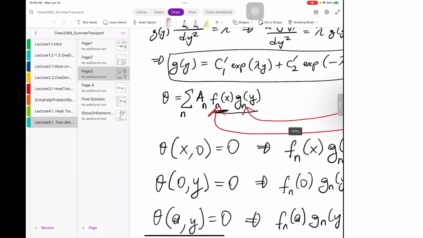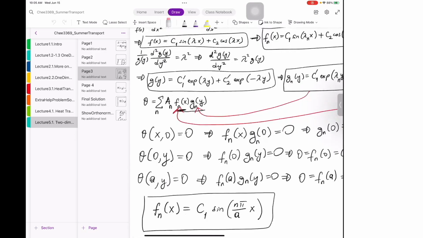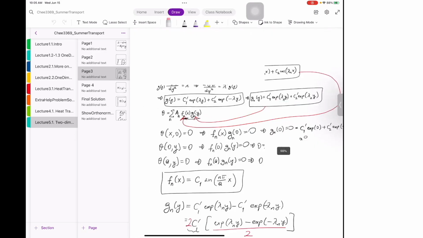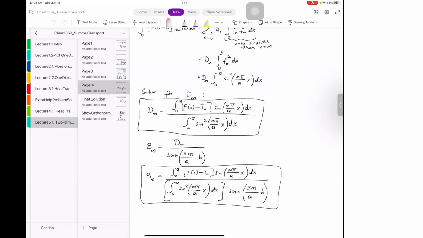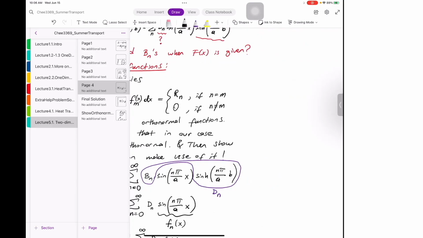And we were able to find the a_n values, the coefficients of this series sum, using the orthonormality relations, right? Okay, let me just make a note here.